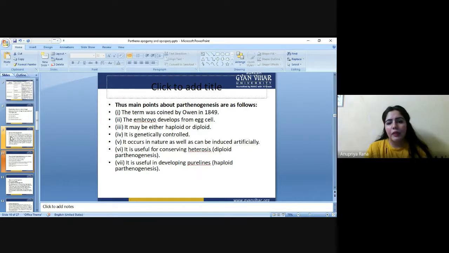Why? Heterosis is the major product of diploid parthenogenesis. In diploid parthenogenesis, not all the characters are shown in the phenotype. Some characters are suppressed and some show their effect. That is the basic phenomenon of heterosis. But with haploid parthenogenesis, they assure us of a pure line, because haploid means half the number of chromosomes, and all these chromosomes have to perform their work.